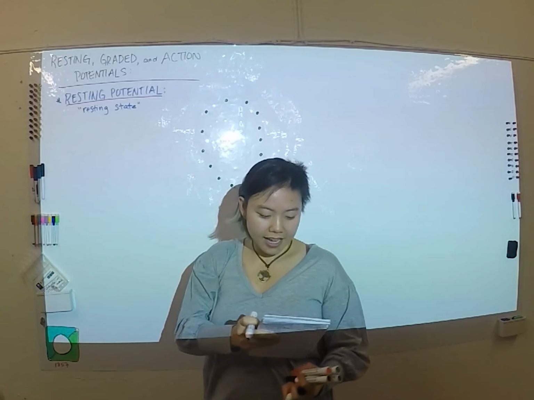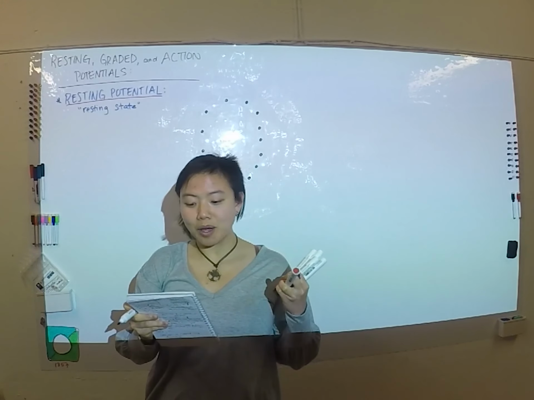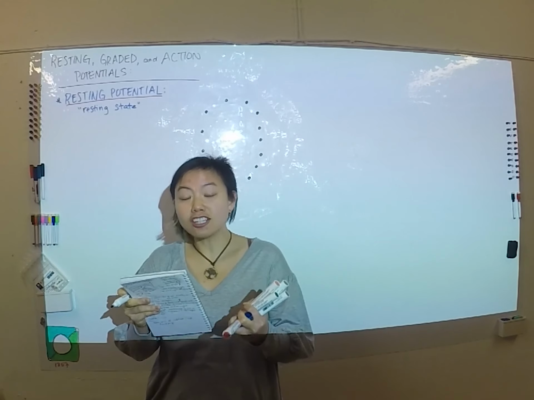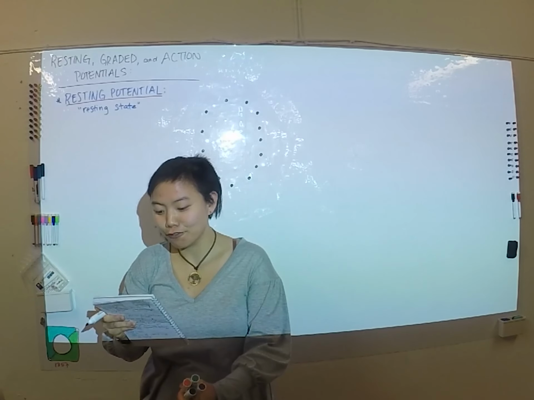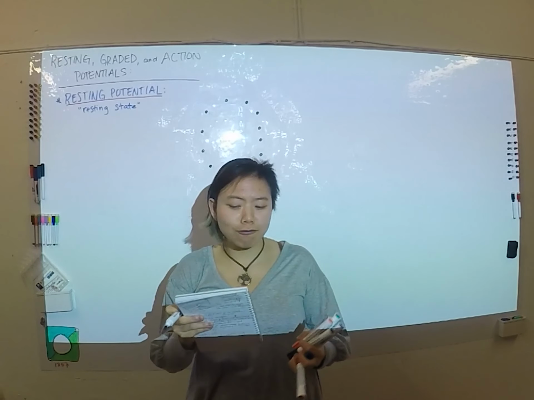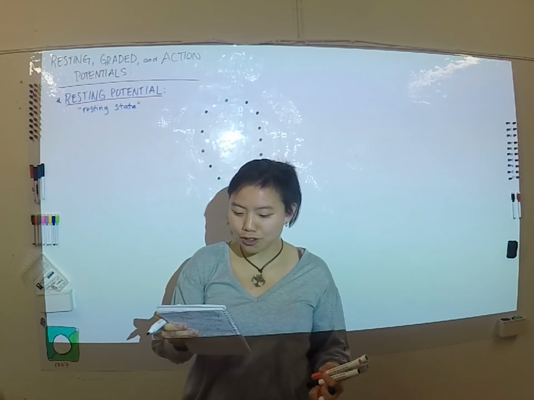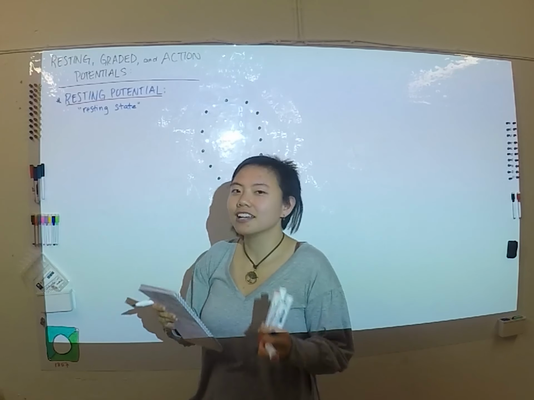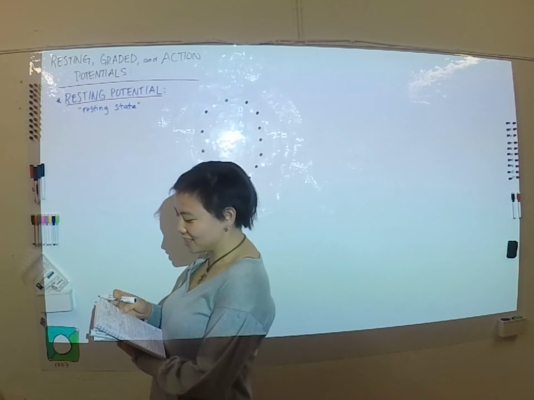Okay? And specifically, this is when the inside of the cell is just a bit more negative than the outside of the cell, okay? It's usually between 40 to 90 millivolts. But the point is the inside is more negative than the outside. We'll get into how that happens in just a second.